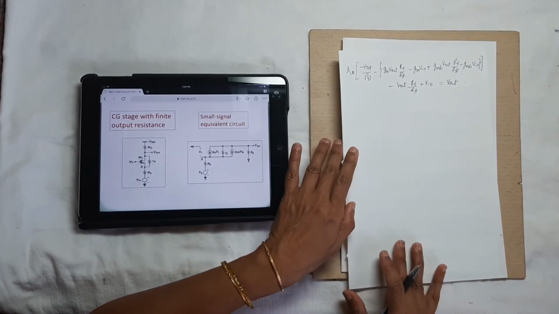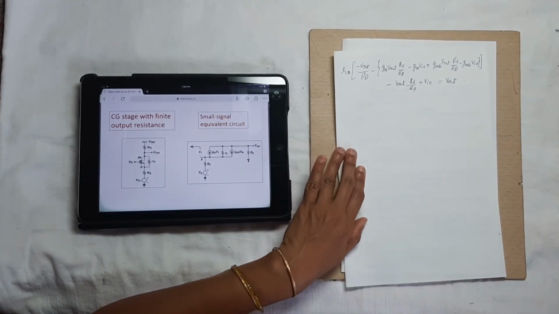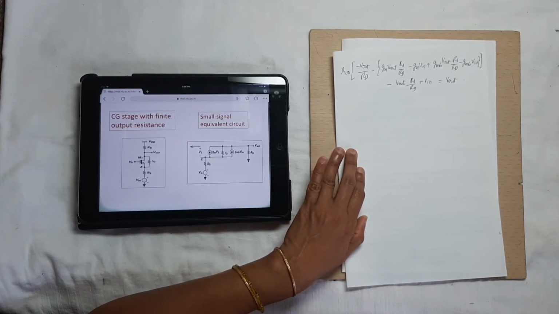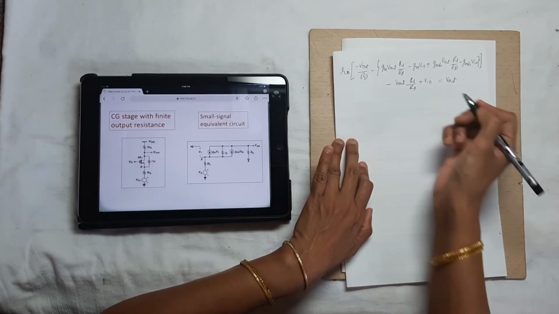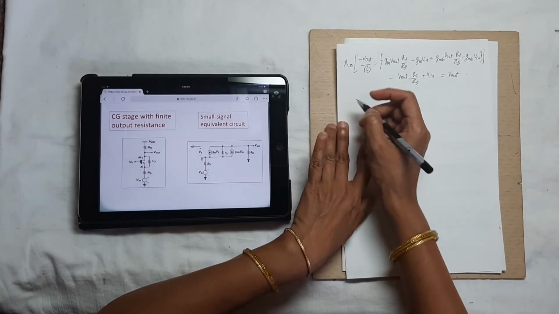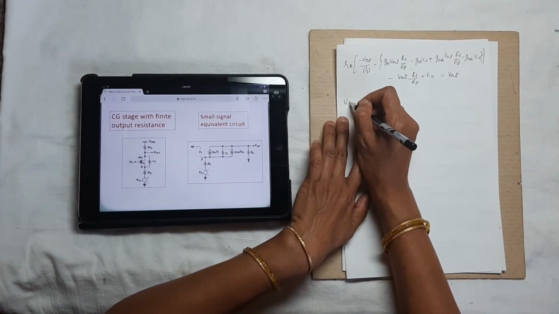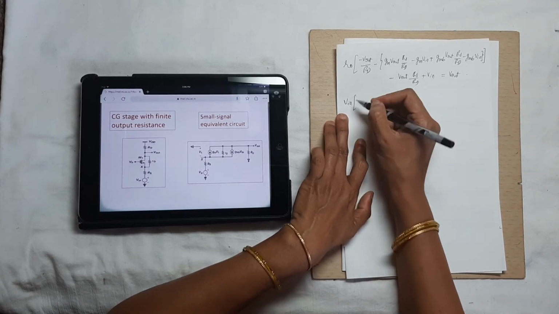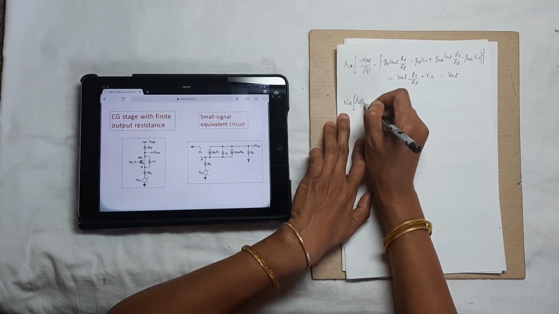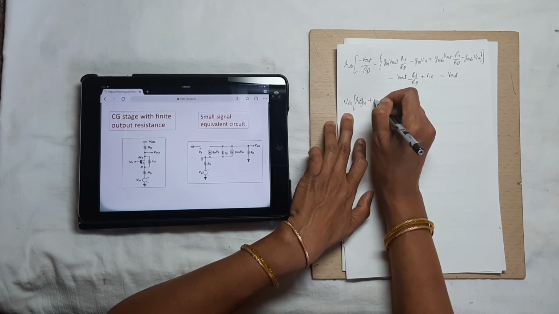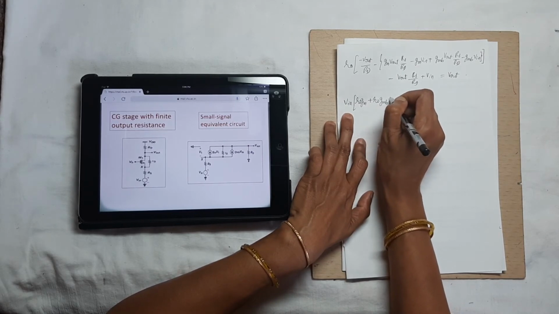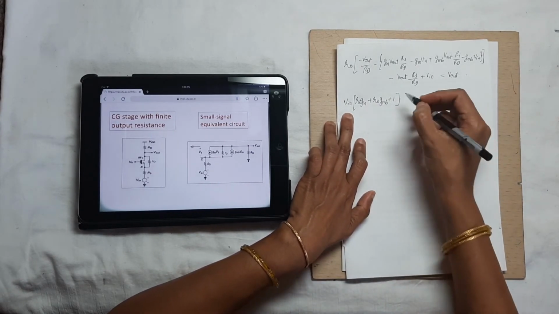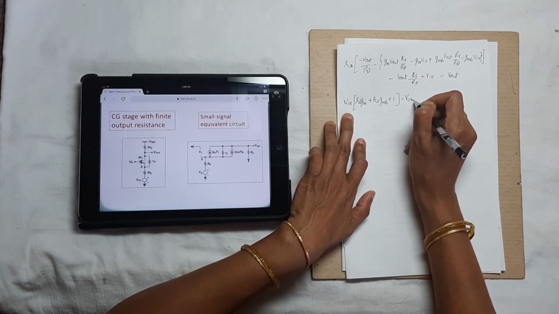Now take all V in terms on one side and V out terms on the other side. Take V in as a common factor and also V out as a common factor. This is a mathematical simplification. V in term on one side, take V in common. We get RO GM plus RO GMB plus 1, equal to V out on the other side.